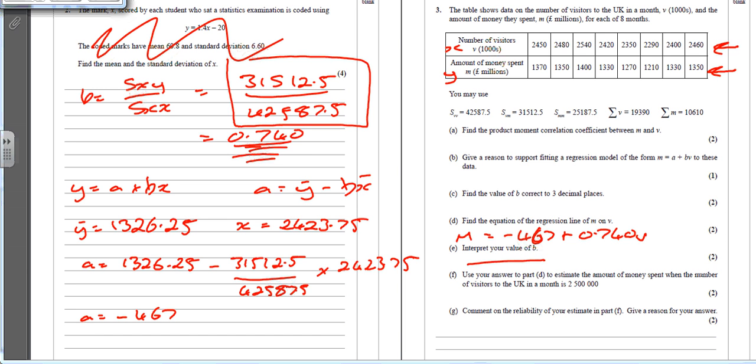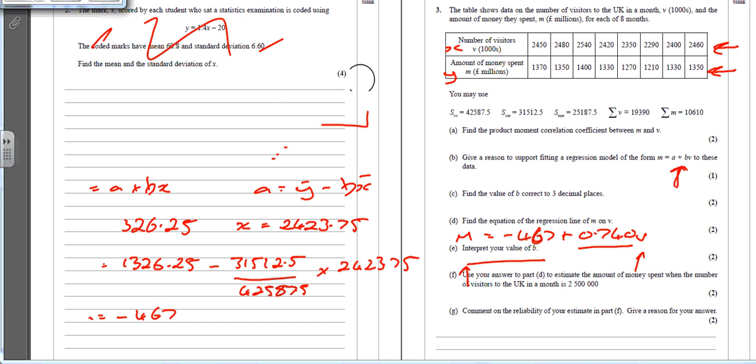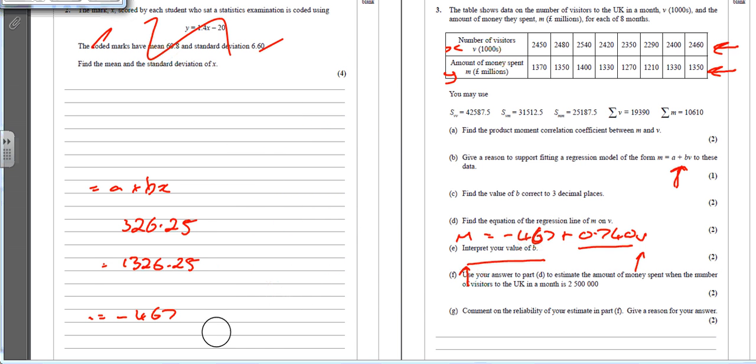Now we've got to work out what our value of b means. So b in this case is our gradient, 0.740. So that means for every extra v, m goes up by that. But what is v? V is the extra 1,000 visitors.